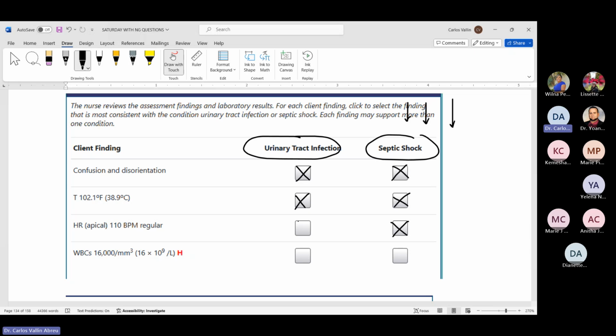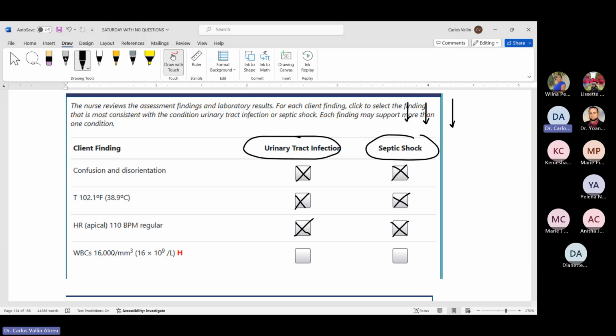So it is not helping us to discriminate a localized urinary tract infection from septic shock, because both could be producing tachycardia. In the case of the urinary tract infection, the tachycardia is because of the fever. And in the case of the septic shock, the tachycardia is also a compensation of the decreased cardiac output.